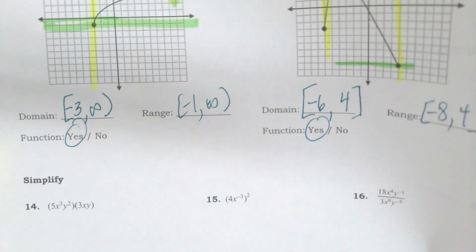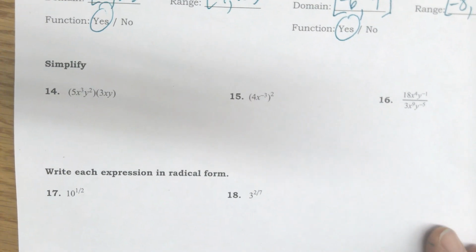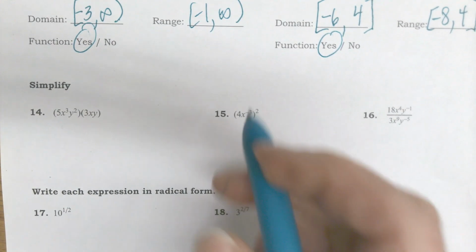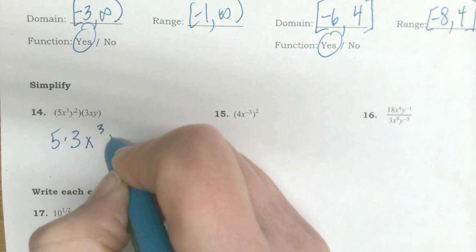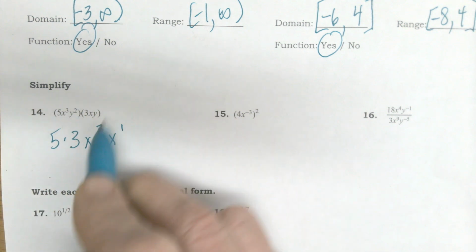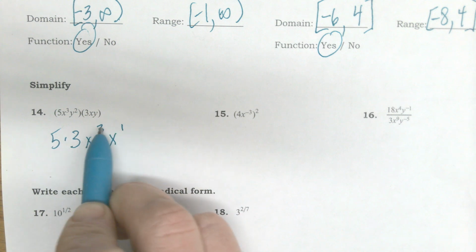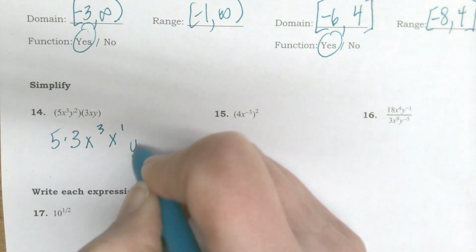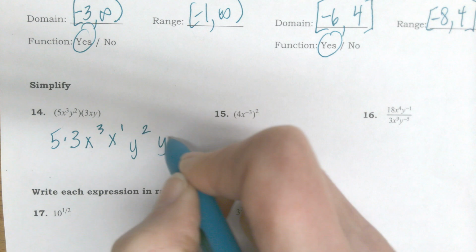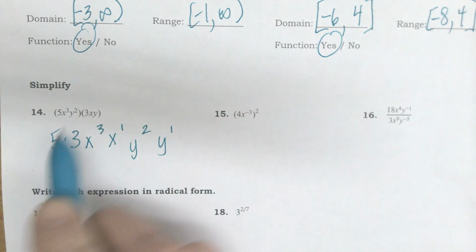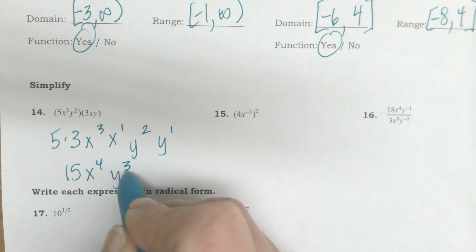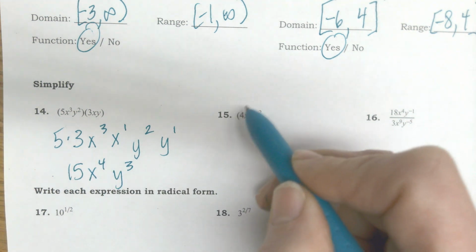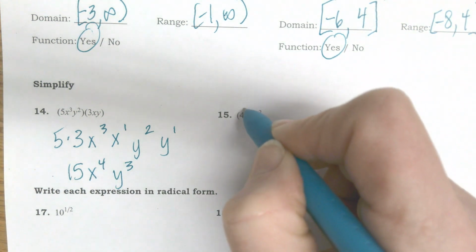Okay, up next we're doing our simplifying. So we have to remember our power rules. Keep in mind that you multiply the regular numbers, and then the powers you put together, matching variables, and you can add the powers. Also remember that if you don't see a power on it, it's a first power. So I have 15x to the fourth, y to the third. On a problem like this, 4 is to the first power.